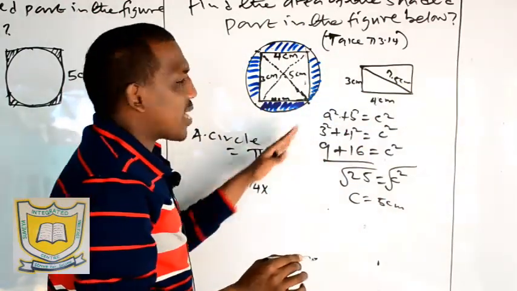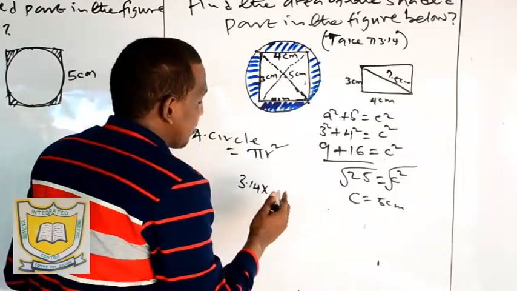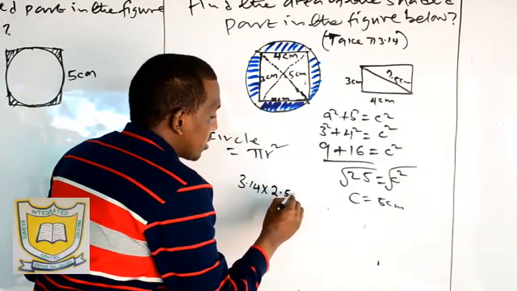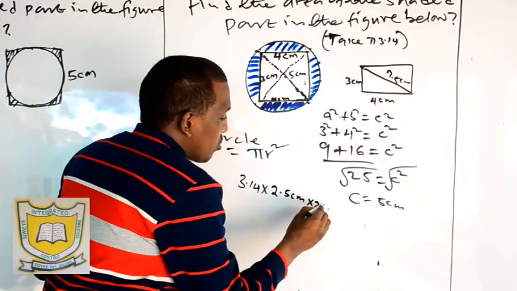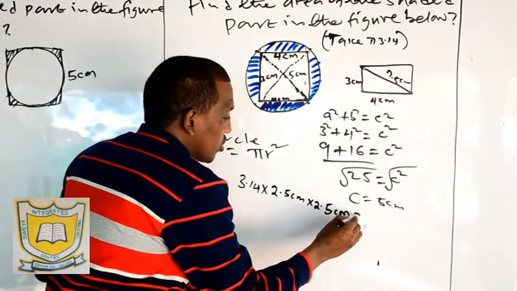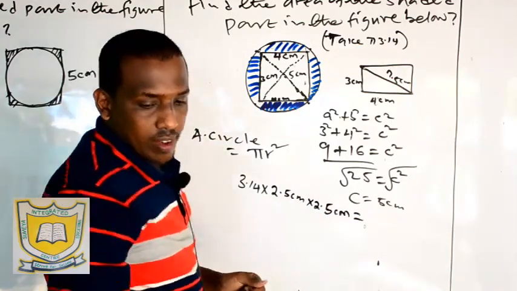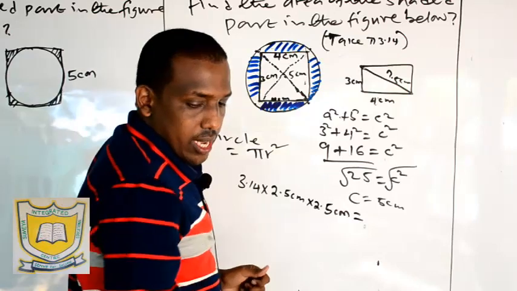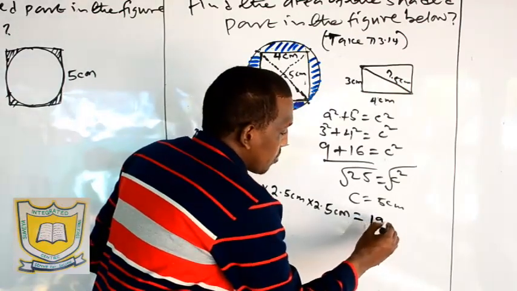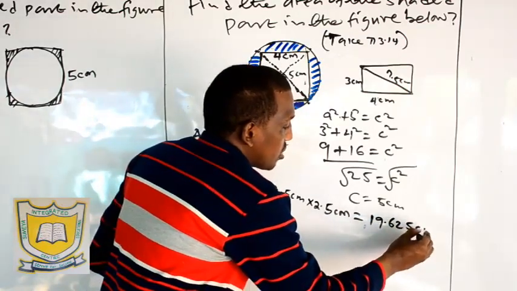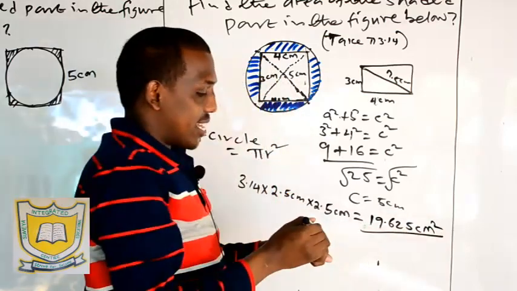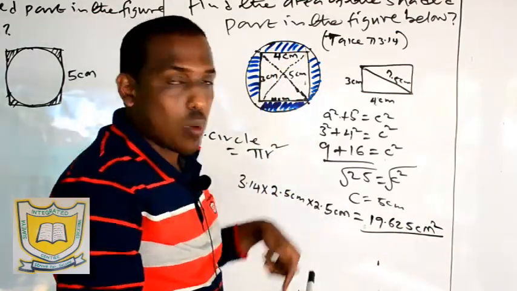So the radius will be 5 divided by 2, which is 2.5. So times 2.5 centimeter times 2.5 centimeter. After multiplying, you will get 19.625 centimeter squared. That is the area of the bigger figure, the outer one, the circle.